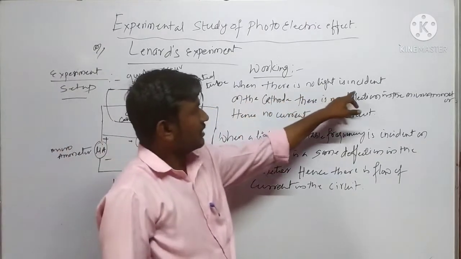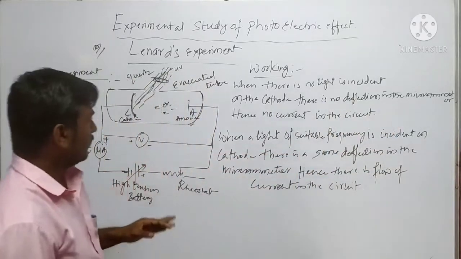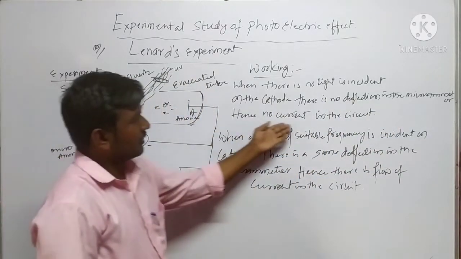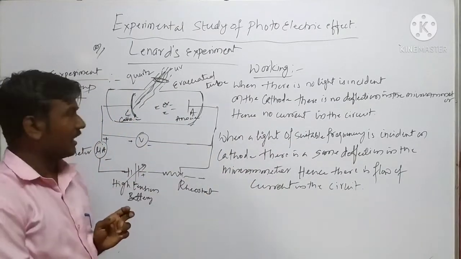When there is no light incident on the cathode, there is no ejection of electrons. So there is no deflection in the microammeter, and hence no flow of current in the circuit.